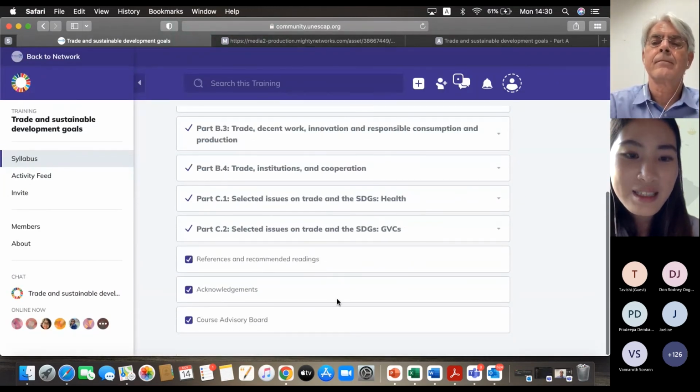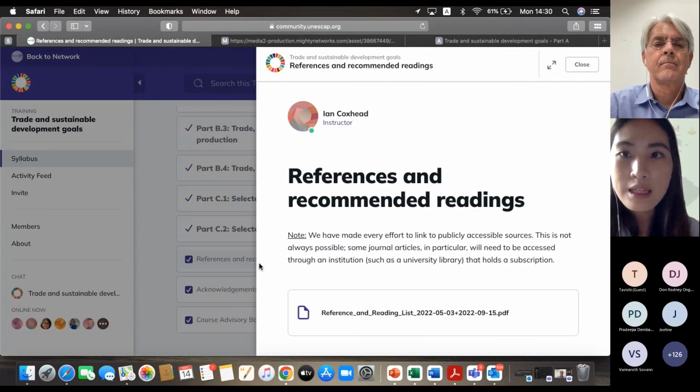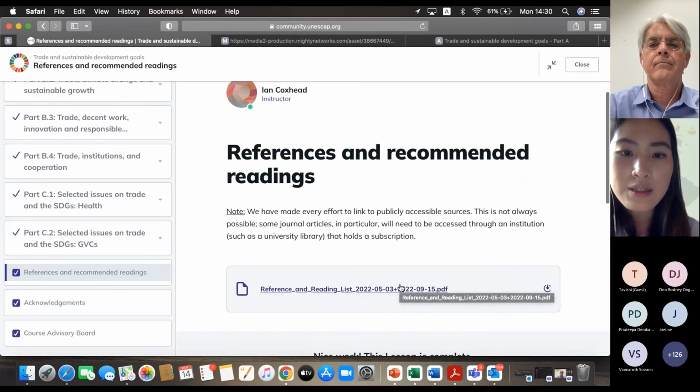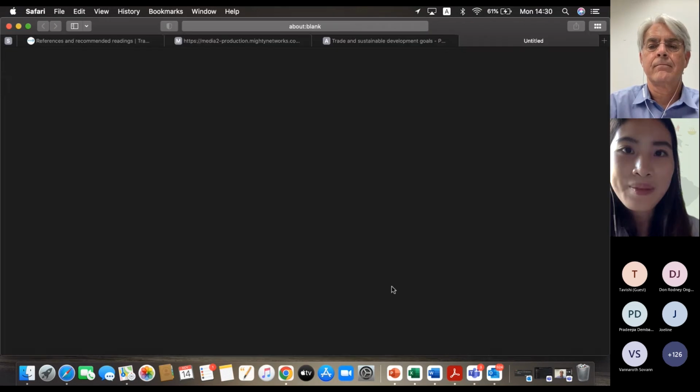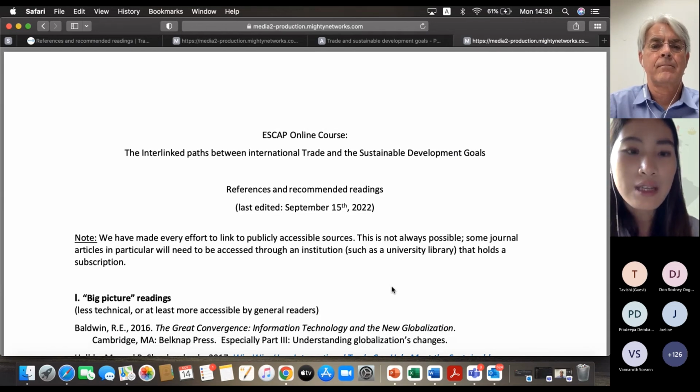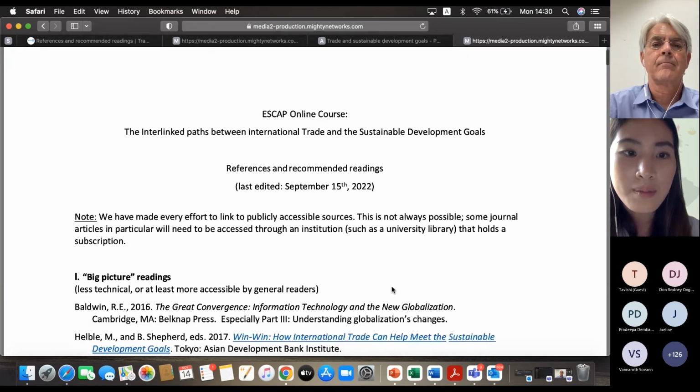And really the last thing is that we also provide references and recommended readings at the end section here. So you will be able to access more reading in case you want to understand more or find more information about international trade and sustainable development.